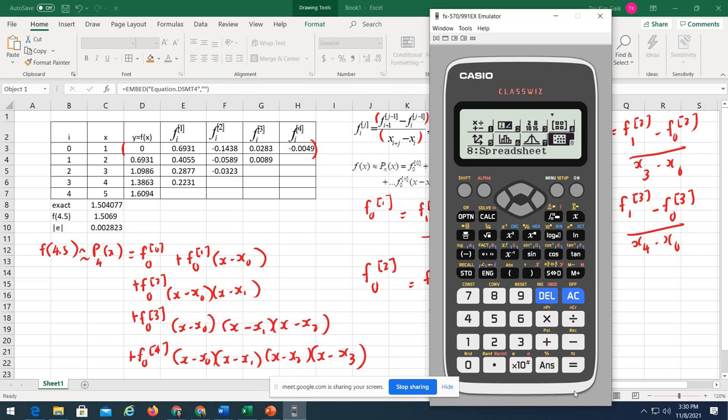Okay, this is a spreadsheet. It has a limitation of 5 columns only. So for this one, 1, 2, 3, 4, 5, 6, 7, not enough. With 5 columns, if I key in the X column and 1, 2, 3, 4, 5, I am able to do until the 3rd level only.